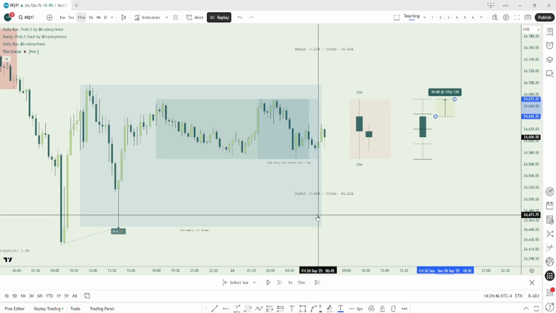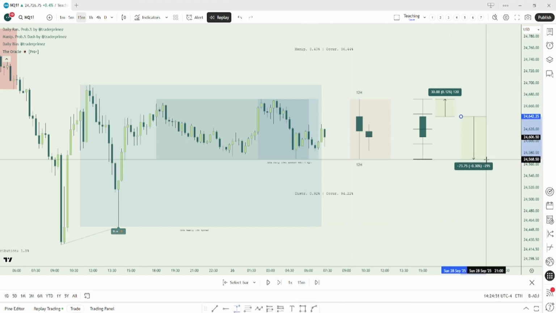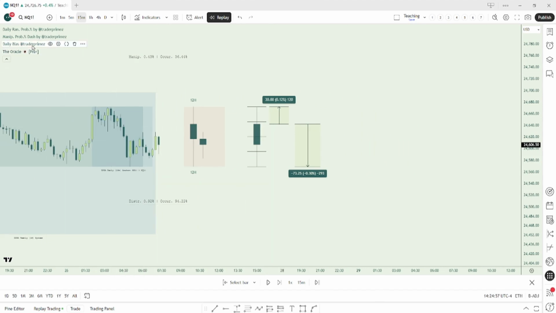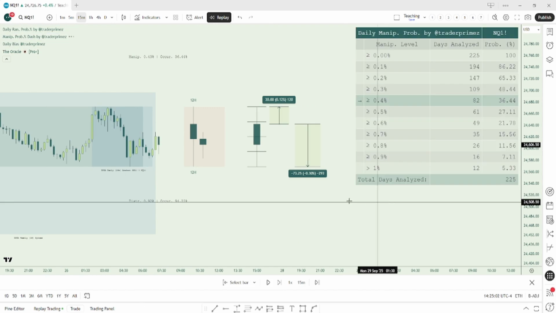Now, if you measure the size of the upside wick and the distribution of the body, the downside, both of them fall under the thresholds of manipulation. Because as you can see, let's measure it right here.